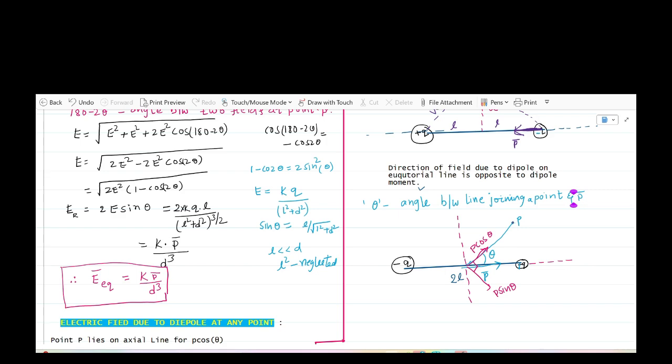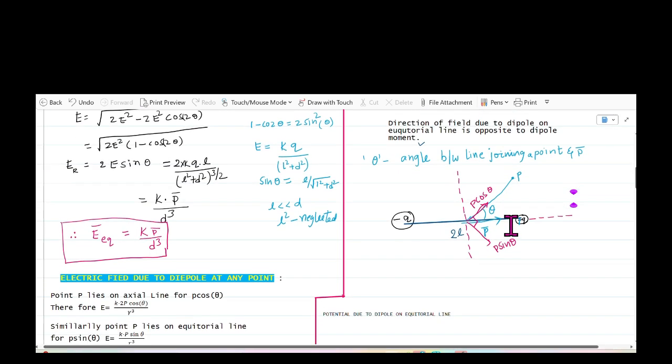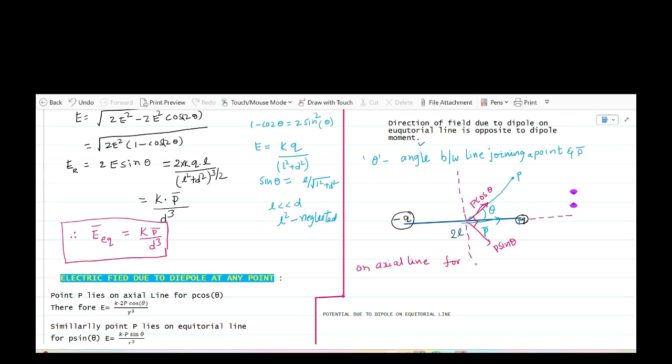That means this point is on the axial line for dipole momentum P cos theta. It is on the equatorial line for P sin theta. So the dipole momentum is P sin theta.